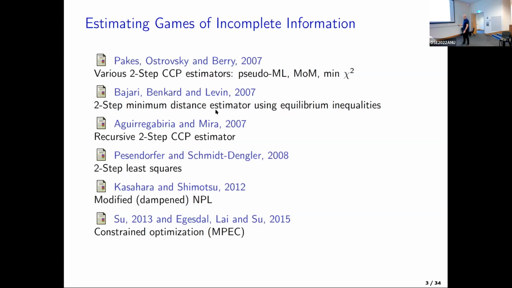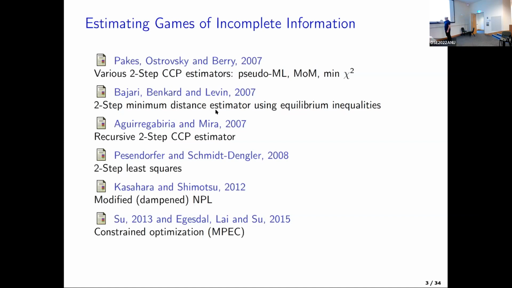So I'm going to try to illustrate that. Pesendorfer and Schmidt-Dengler say there are some issues with convergence here, and then Kasahara and Shimotsu suggested some sort of dampened version of that estimator to accommodate some of the problems with stability of this NPL mapping.